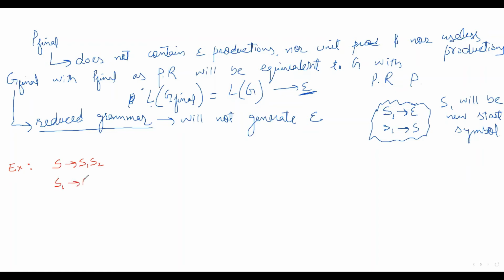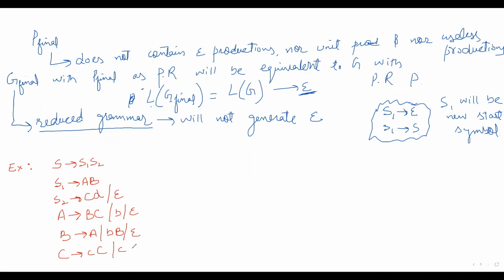S1 gives A B. S2 gives C D or epsilon. A gives B C or B or epsilon. B gives A B B or epsilon, and C gives C C or C or epsilon.